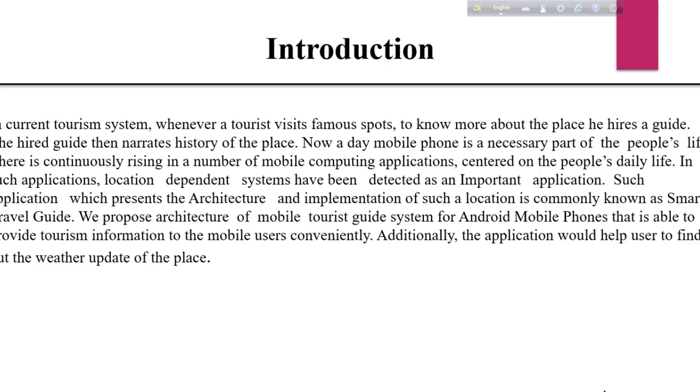We proposed an architecture of a mobile tourist guide system for Android mobile phones that is able to provide tourism information to mobile users conveniently, and the application acts like a traveler guide. Additionally, the application would help the user to find out the weather update of a specific place.